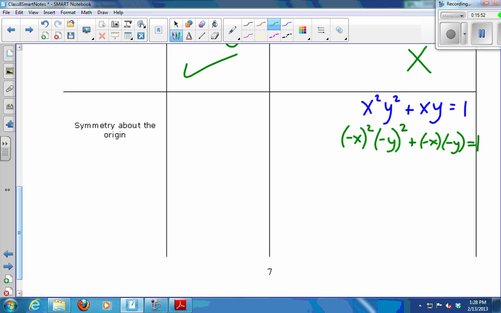Now the negative x squared and the negative y squared are going to just become positive x squared and y squared. And what is negative x times negative y? Positive xy. Negative times negative is a positive. So this is plus xy equals 1. And that is my original equation. So I have origin symmetry for that one, and not for the other two equations.